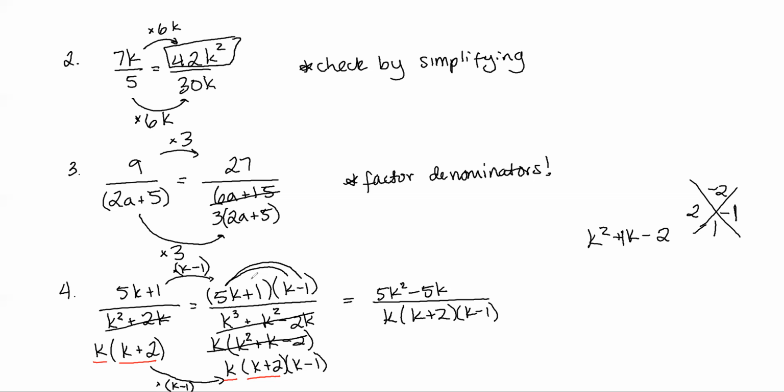And then we have 1 times k is a plus k. And 1 times -1 is -1. And then finally, I can go ahead and combine the like terms. So we have 5k squared minus 4k minus 1 over the denominator.